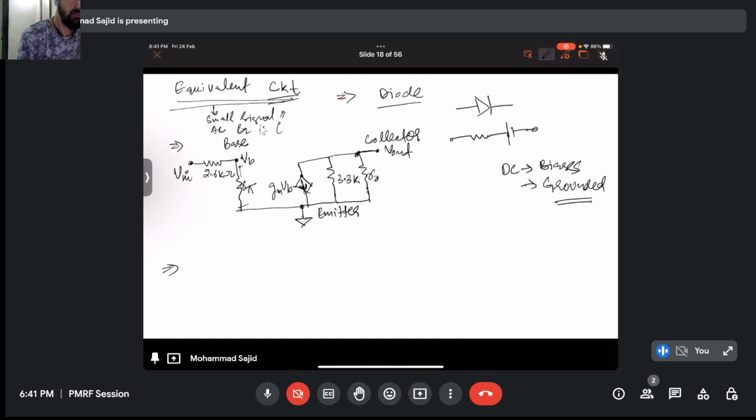Will you use KVL here or will you use KCL here? Which one is the easiest here? Just note that in these equivalent circuit questions, most of the time we use KCL at this node.